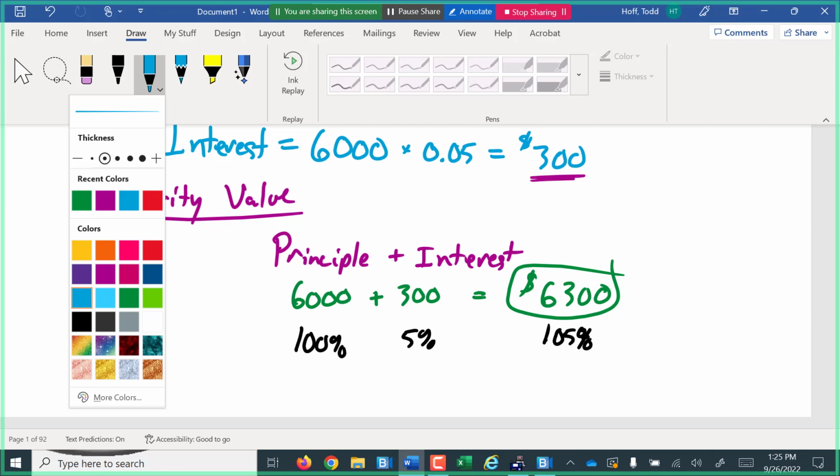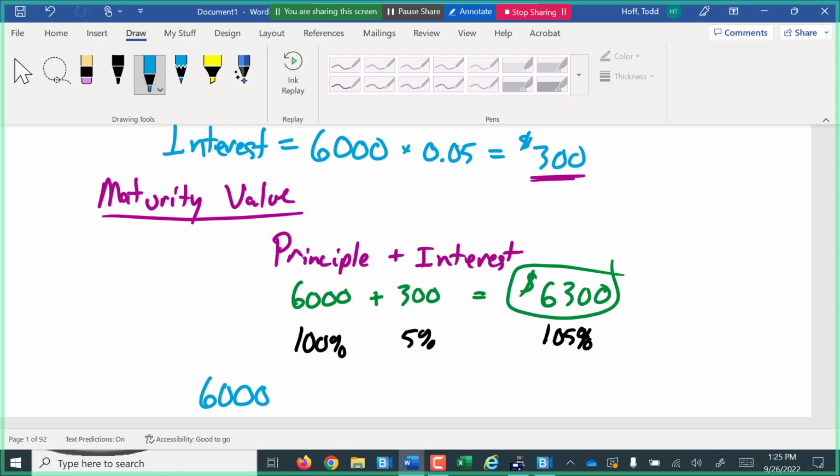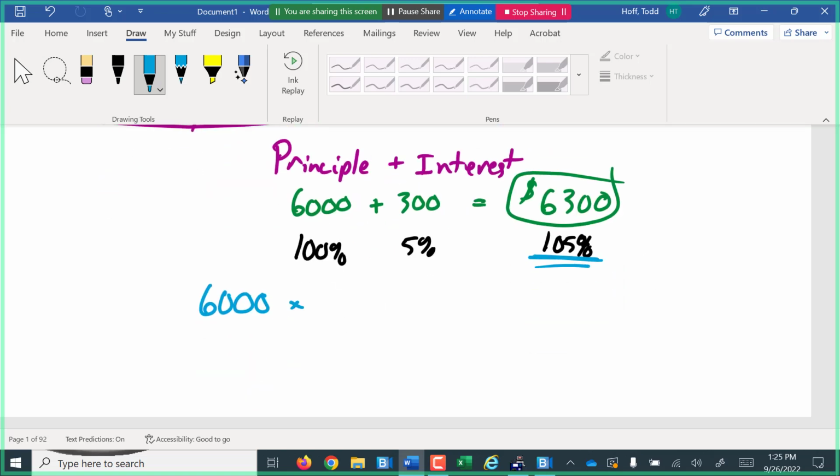We could have taken our principal of $6,000, and instead of finding 5%, we could have found 105%. What rate would go with 105%? 1.05. Good. When you multiply that out, it is $6,300.